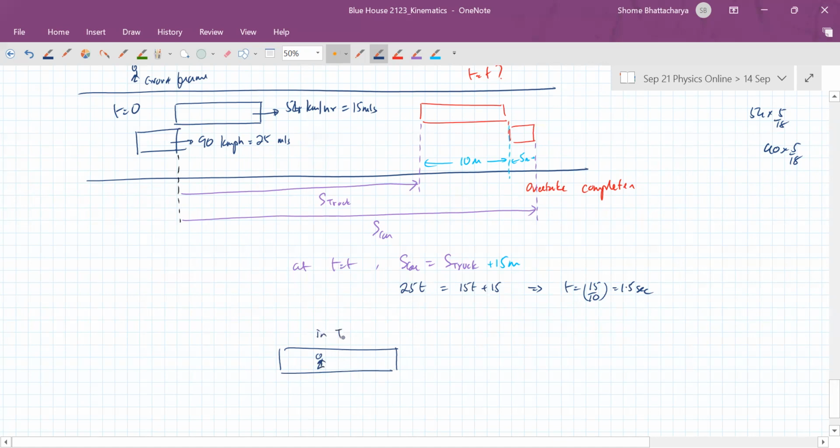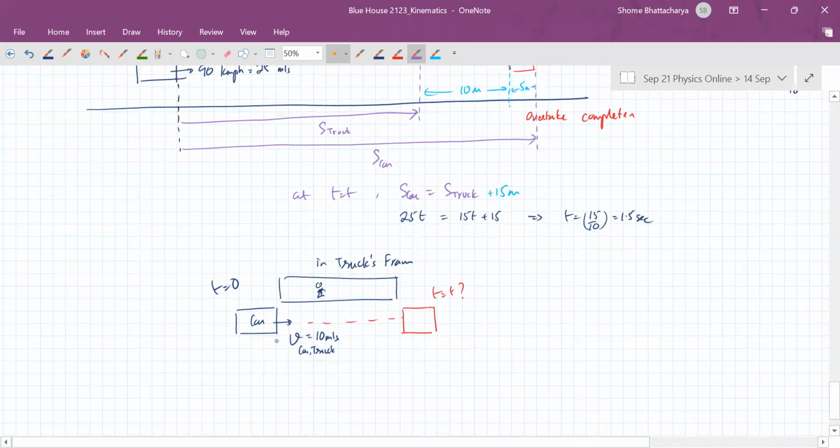In the truck's frame, what you see at t equal to 0 is the car coming at a velocity which is this relative velocity, which is 10 meters per second. By the time the car has completed the overtake, at t equal to t, it's here.